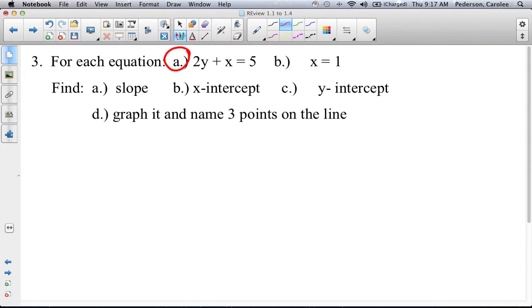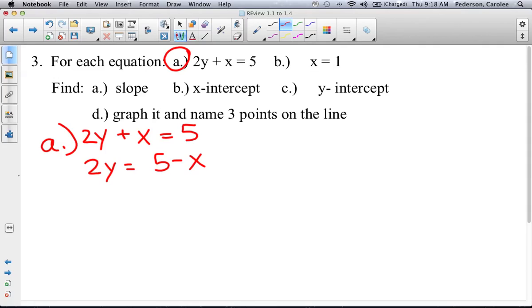So what do we do to find the slope? Solve for y. So we want to convert it to slope-intercept form. So right now we would have 2y plus x equals 5. Subtract x first, and then divide by 2.